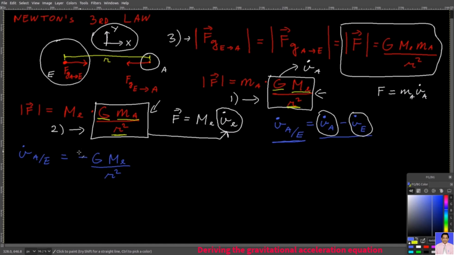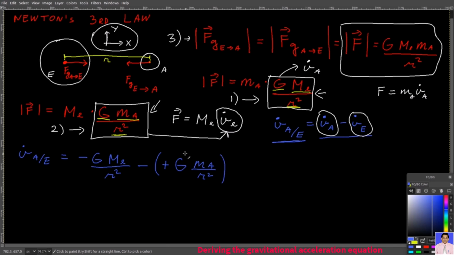The reason why you have this minus sign is because the acceleration of object A with respect to the inertia frame is in the negative x direction, and then you have minus, and then you have plus, G times mass A over r squared.